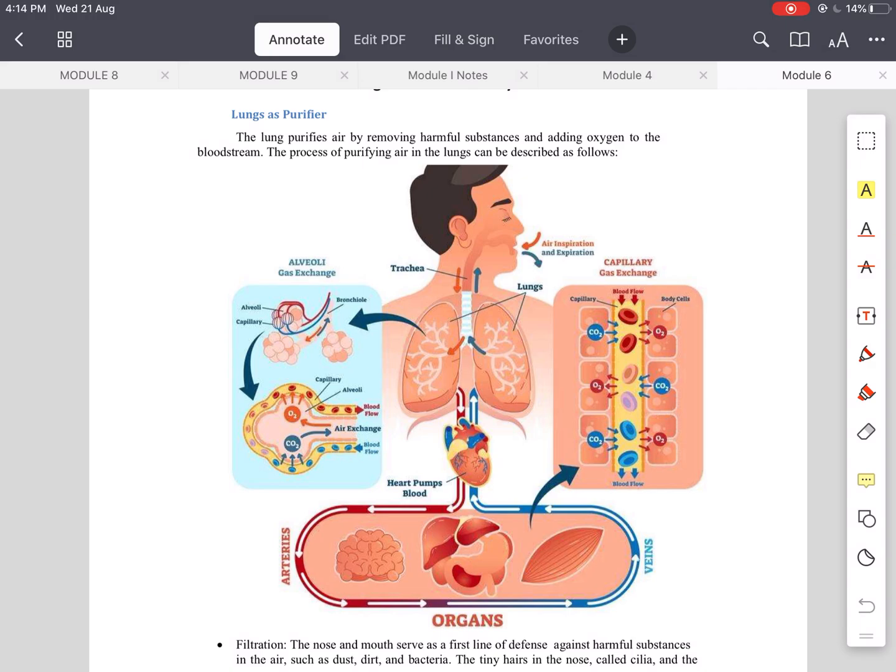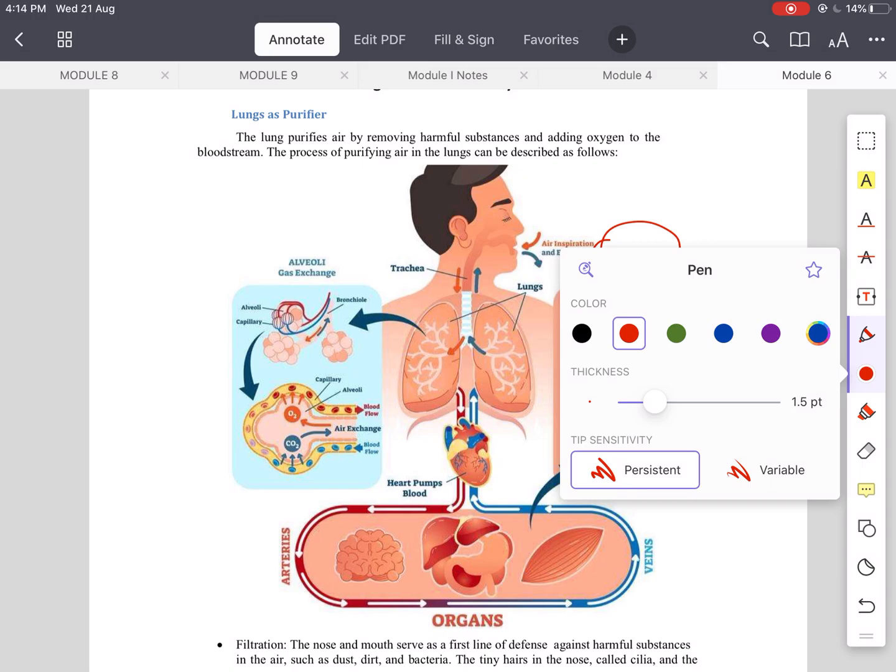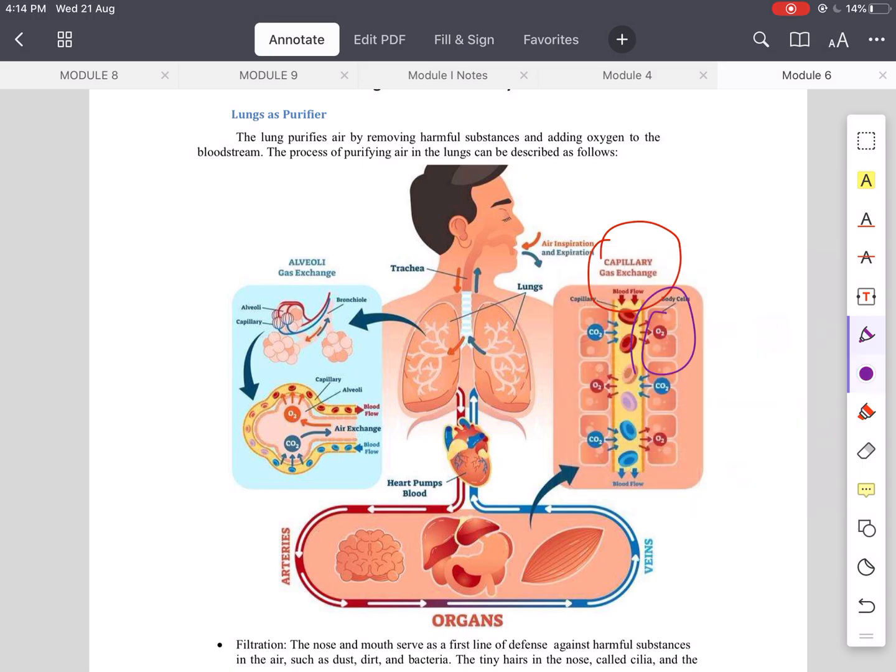So we basically have gas exchange at two levels. One is at the capillary level, where the oxygen from the cell is picked up by the blood cells, and whatever oxygen it was carrying earlier is delivered. So this is the gas exchange happening in the capillary. A similar exchange of gases happens at the alveoli level also.